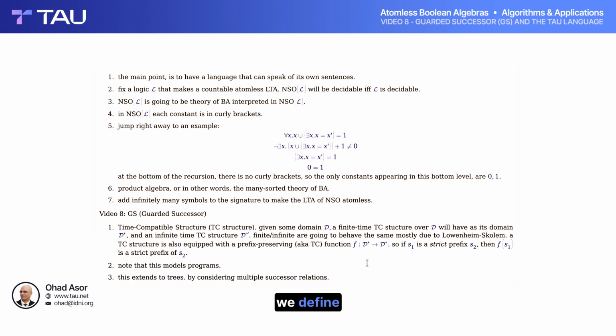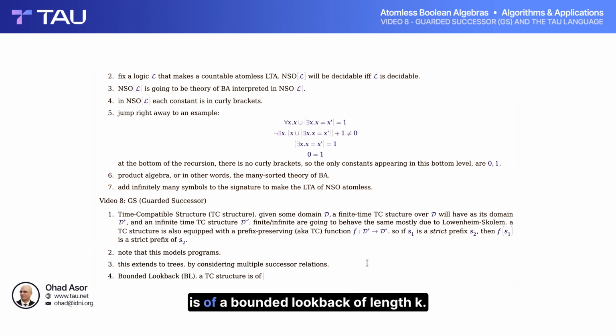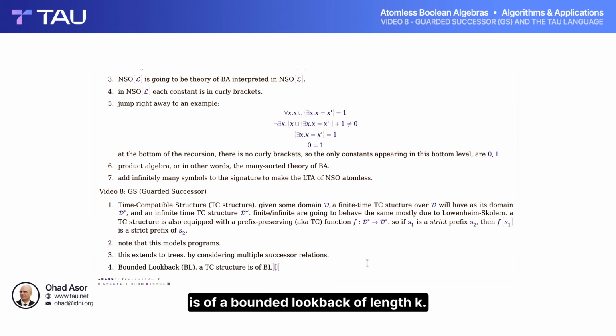Now, we define the notion of bounded lookback. A TC structure is of bounded lookback of length k.